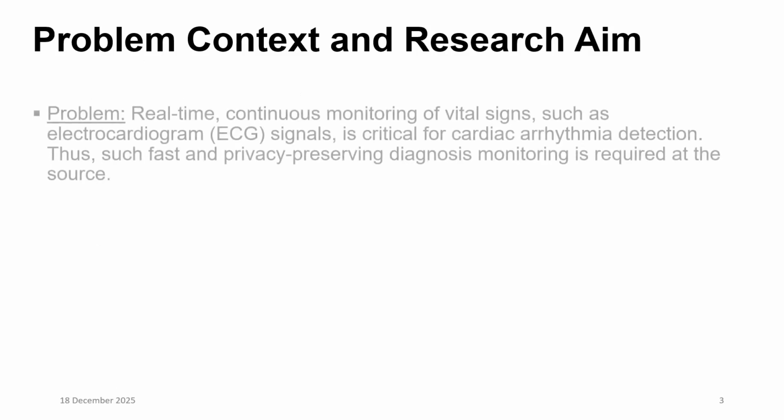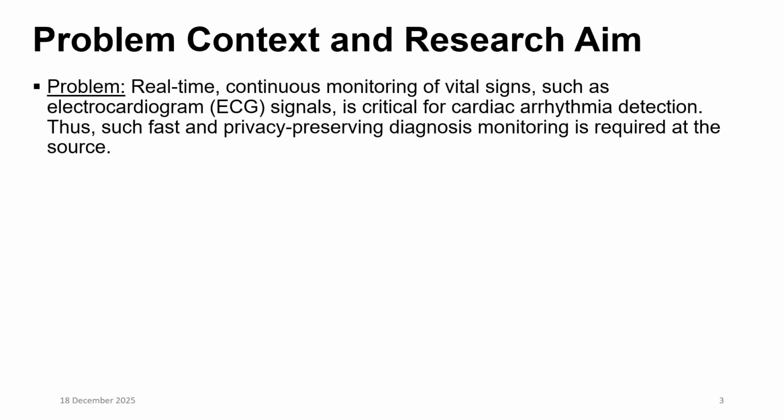In order to detect the abnormal heartbeat, or what's known as cardiac arrhythmia, we have two options. First is to take the electrocardiogram signals, send them to some cloud, process them, and then get the results.